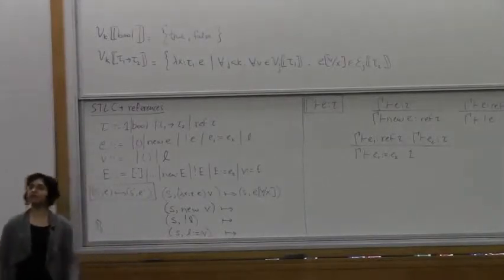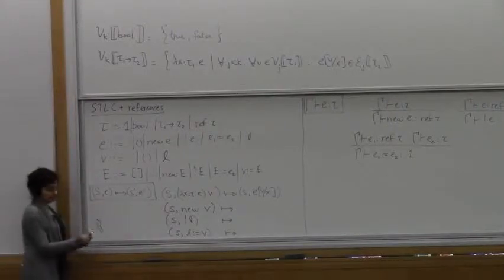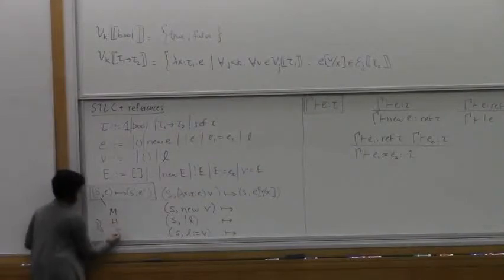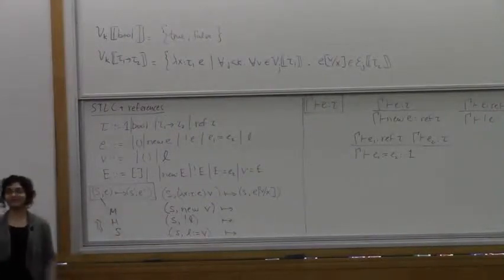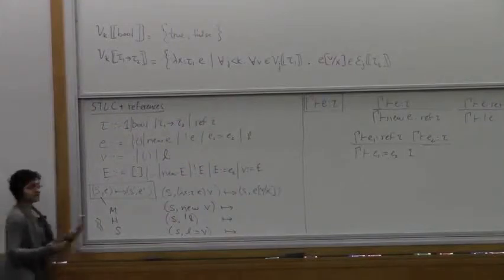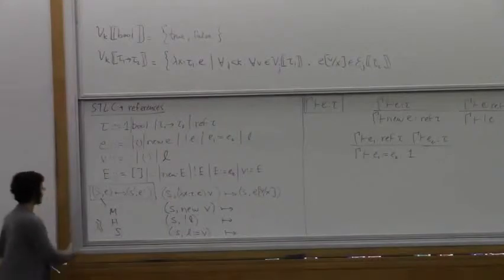So we need a memory or a store or a heap, whatever you want to call this. I'm writing S for store, but people write M, people write H, people write big S, whatever. You're free to choose. And I might actually be switching terminology. Sometimes I say memory, sometimes I say store. But that's what I mean.